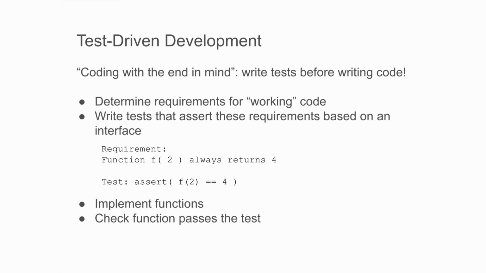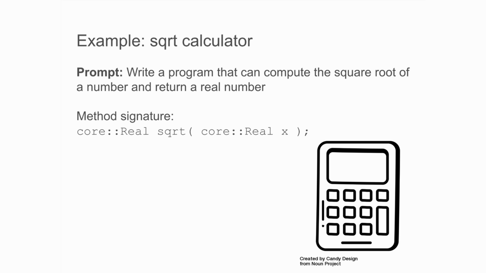So like I said, you're going to write the test. In this case, we would say we're going to have some function that always returns 4. That's just the idea. We don't have the code written for that. We write a test to make sure that it does, and then we implement the function and make sure the test passes.